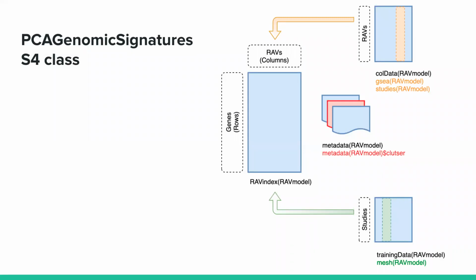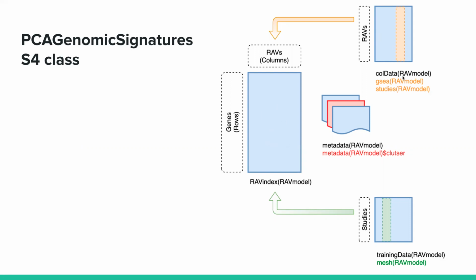Since this is a Bioconductor group, I'll just mention a little bit about the package itself. The PCAGenomicSignatures object is just a lightweight object inherited from SummarizedExperiment, so it doesn't change the class. It mostly defines a number of functions that can be added on it, so that this SummarizedExperiment contains all of the RAVs, which we call the RAV index, in the assay slot.